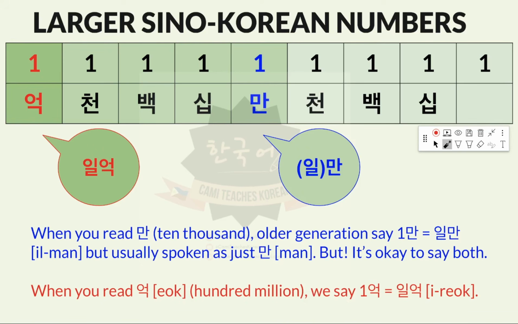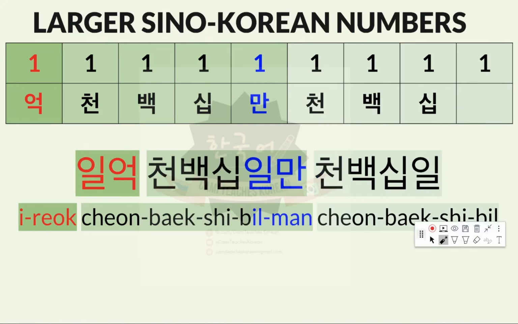Irok. So, to read this entire number po, 111,111,111. Ang haba niya. We read this irok. So, irok. Then, chon. So, chon, we don't need to say il. Hindi na kailangan ng il. Ang chon, bek, ship numbers don't need the il.